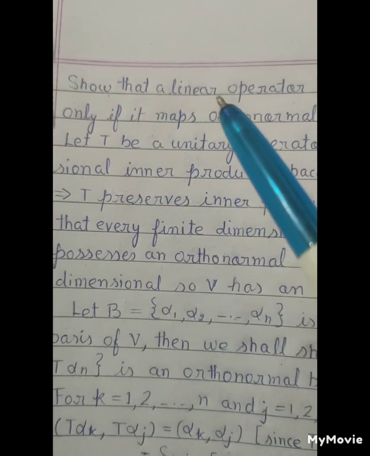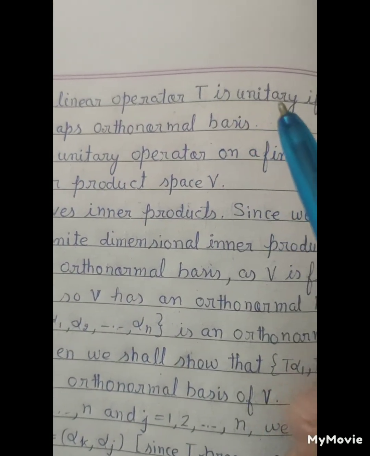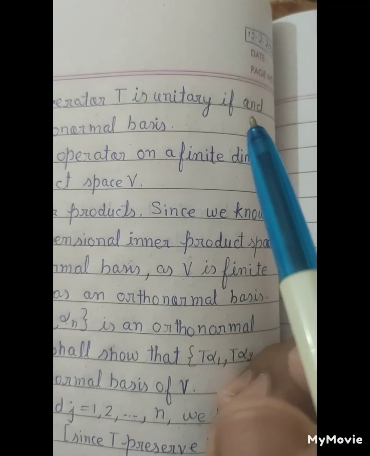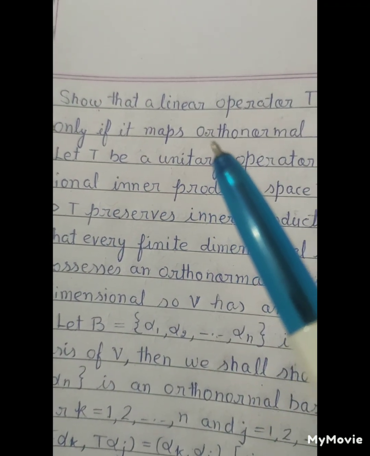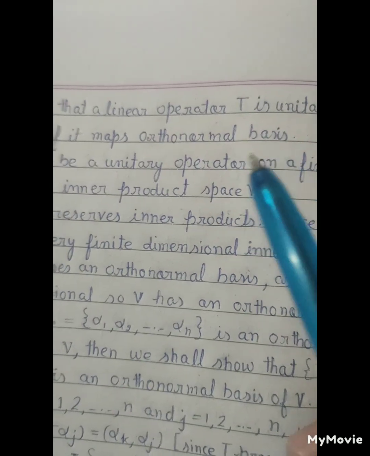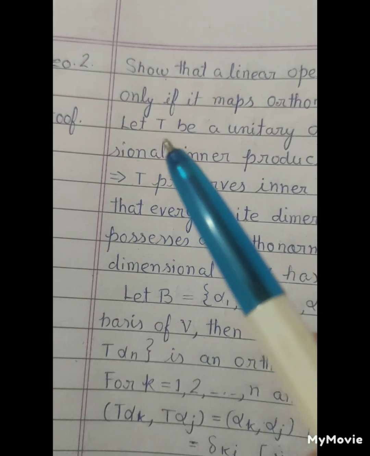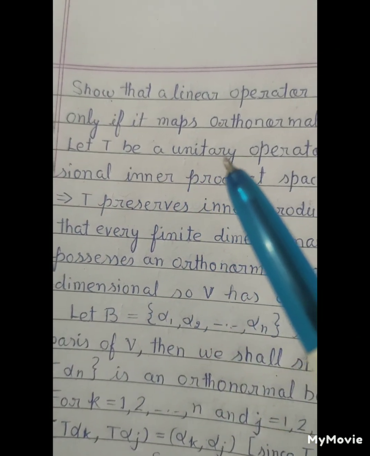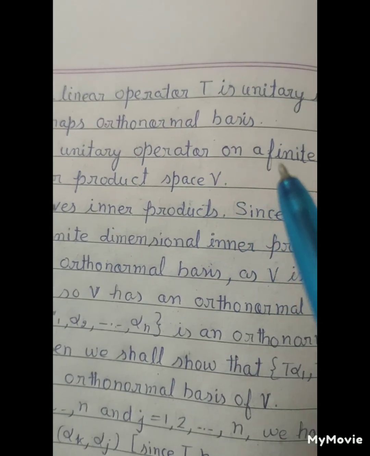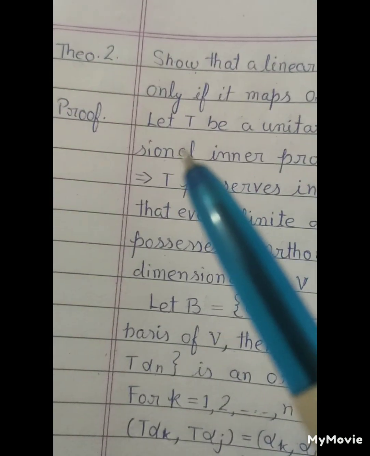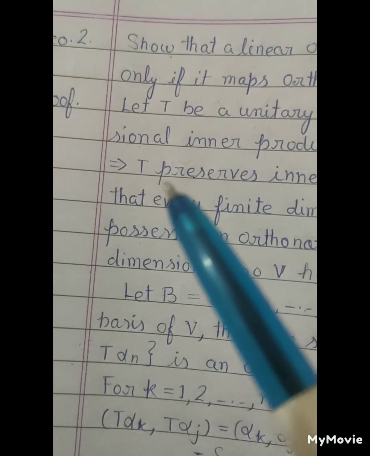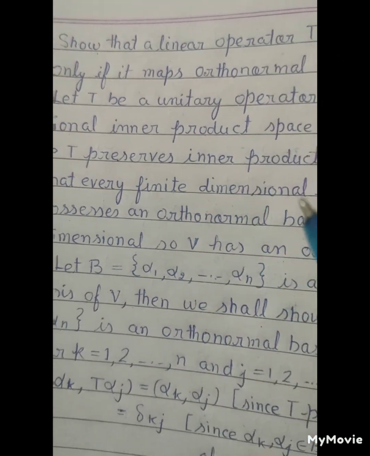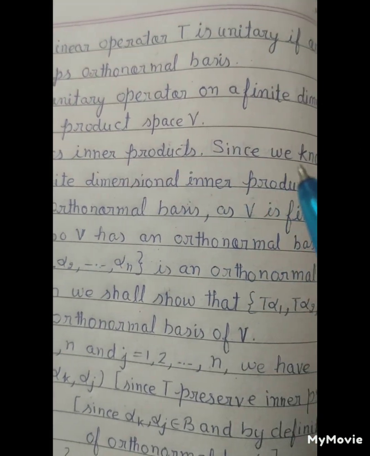Theorem: show that a linear operator T is unitary if and only if it maps an orthonormal basis to an orthonormal basis. Proof: let T be a unitary operator on a finite dimensional inner product space V, which implies T preserves inner products.